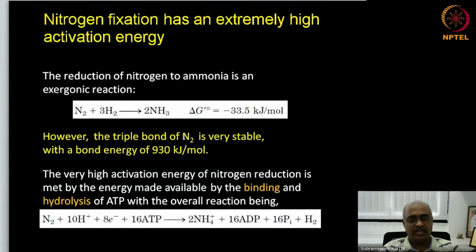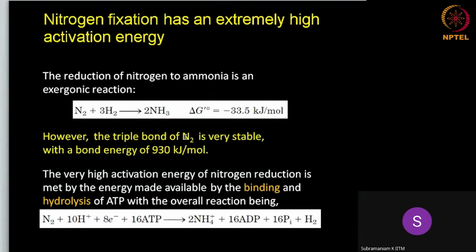That is because the triple bond is very stable, and to break that you need this kind of energy. Okay, 930 kilojoules per mole is the bond energy of the triple bond between the two nitrogen atoms in the nitrogen molecule. And due to that, it doesn't readily happen.